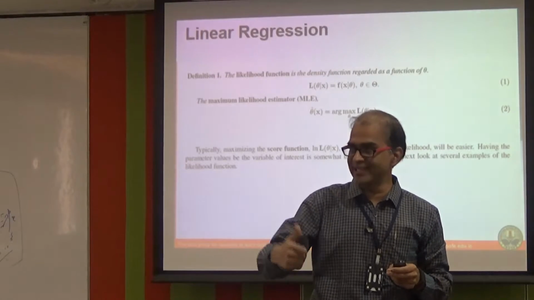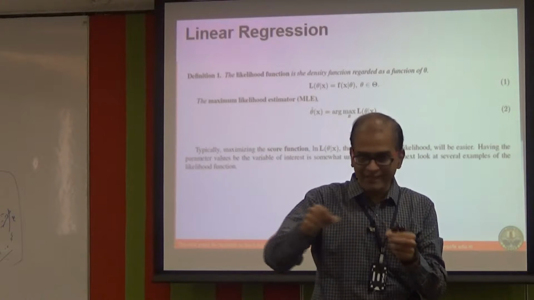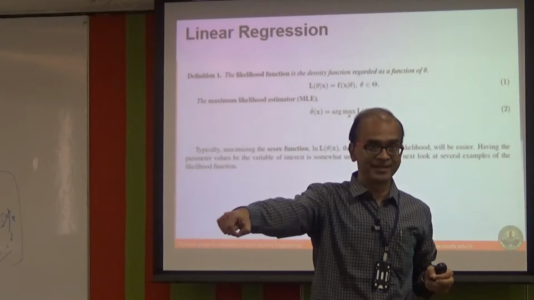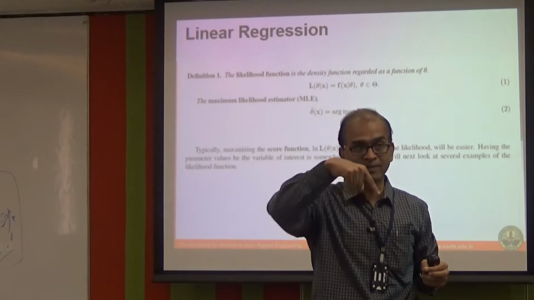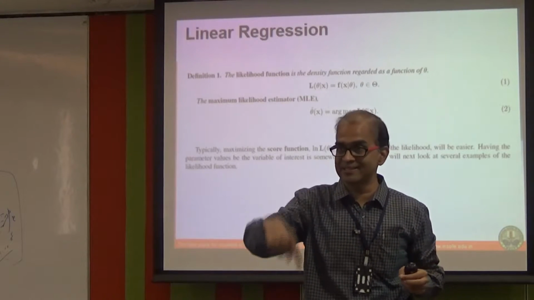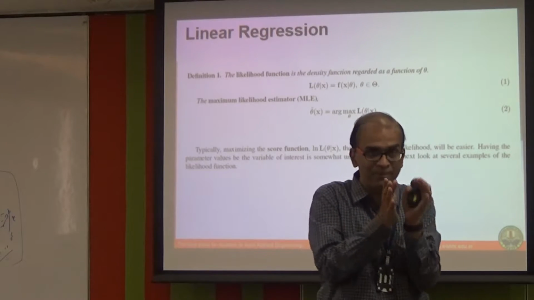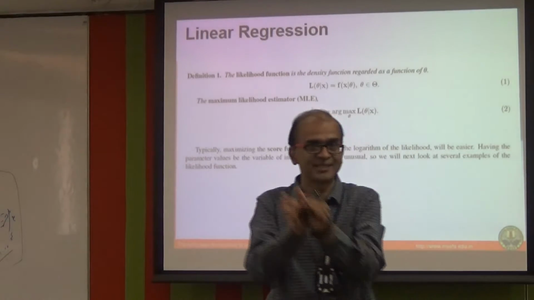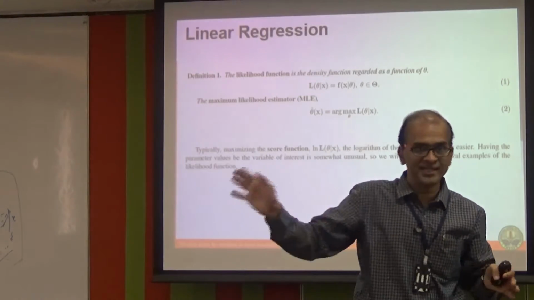IID is identically, independently distributed. Even when the samples are independent, the probability of finding all those samples, the joint probability, P of sample 1 intersection sample 2 intersection sample 3 intersection sample 4, is nothing but probability of the first sample times probability of second sample times probability of third sample. We studied that. There's no conditionality there.